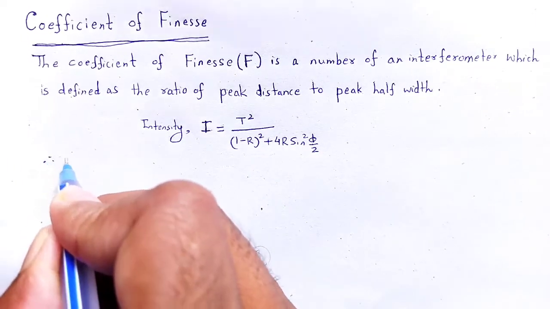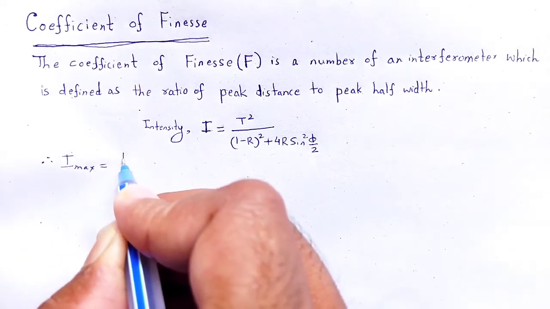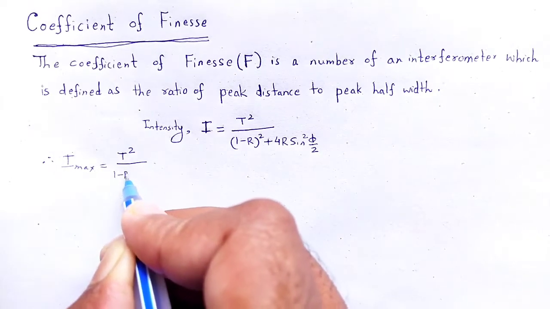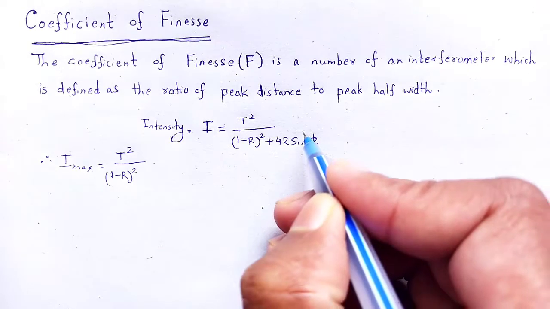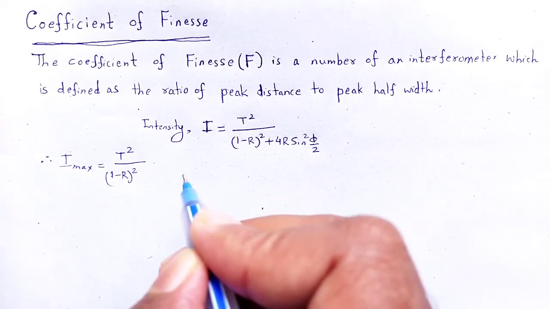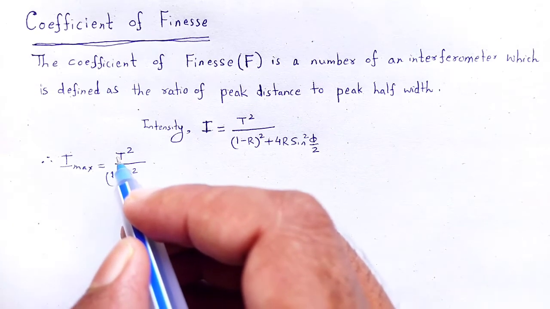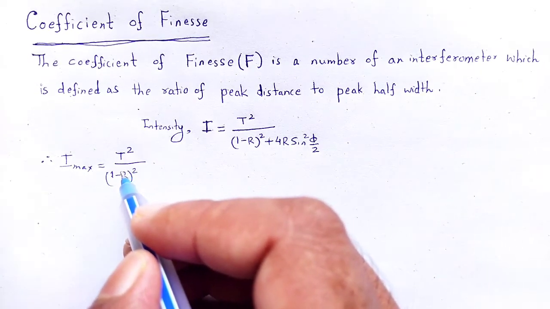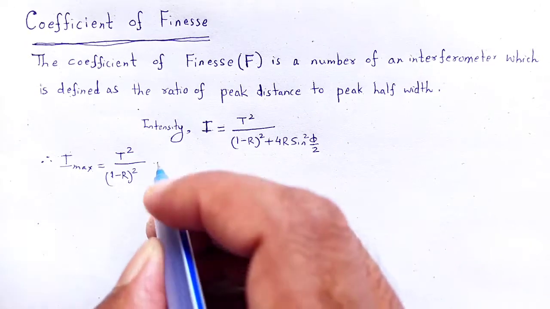Here we obtain I max equal to T square divided by 1 minus R square, as that term is 0. Here T is the transmission coefficient and R is the reflection coefficient.